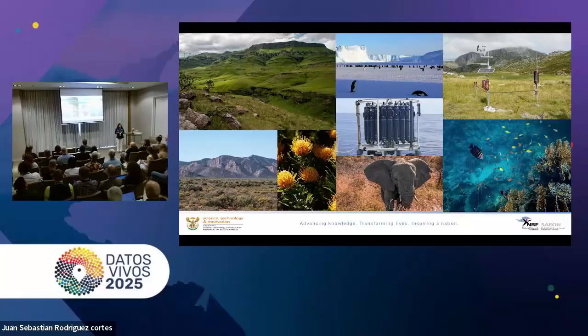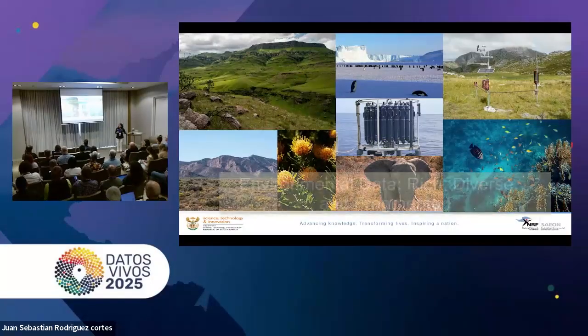And as we know, environmental science by its nature produces massive amounts of data. The challenge with that is many of the data sit in different repositories using different standards. And that fragmentation severely limits how well we can monitor and understand our ecosystems holistically.